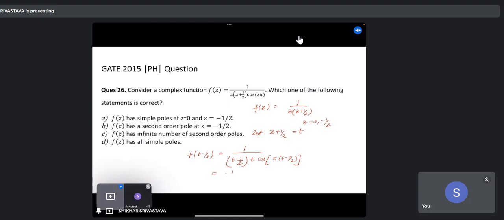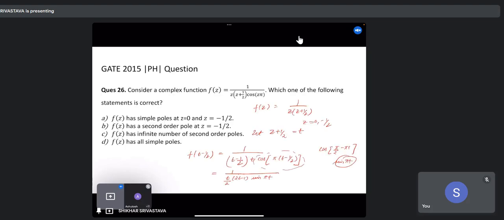Or you can write it in this form, t by 2, 2t minus 1, and cos of pi by 2 minus pi t. Cos of pi by 2 minus pi t is nothing but sine of pi t.